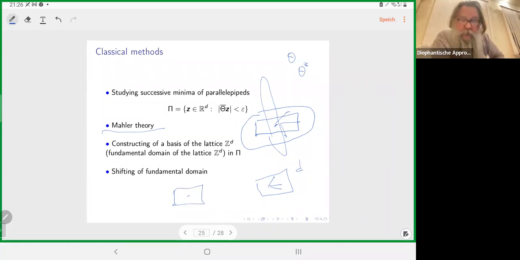So it is not the Minkowski convex body theorem, but it is a very useful tool to construct somewhere a fundamental domain which we can take under our control. And then we can shift it anywhere. And we do not need any convexity to catch an integer point. I see. Okay.